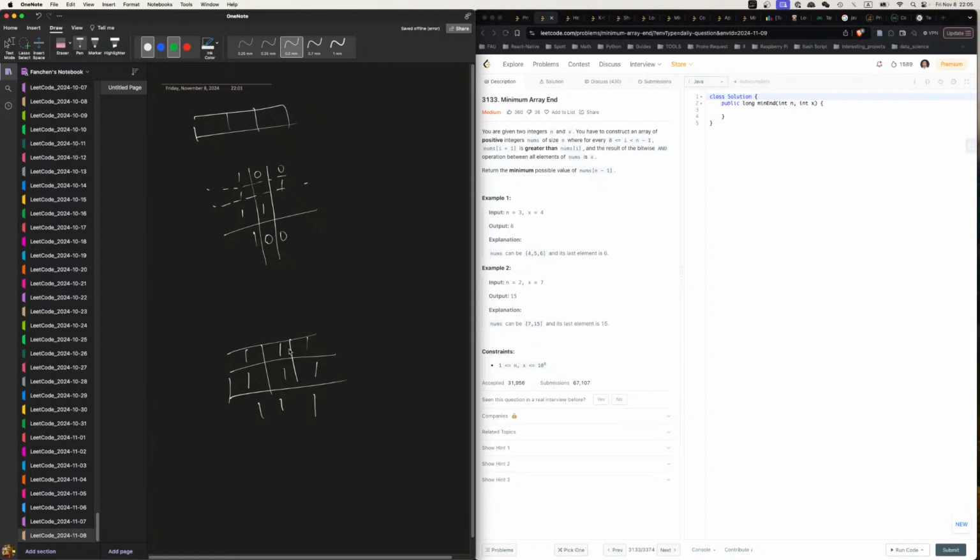Okay, so based on what we have with the x, now we know every number, we can have the 1s all settled, right? So all the set bits are done.